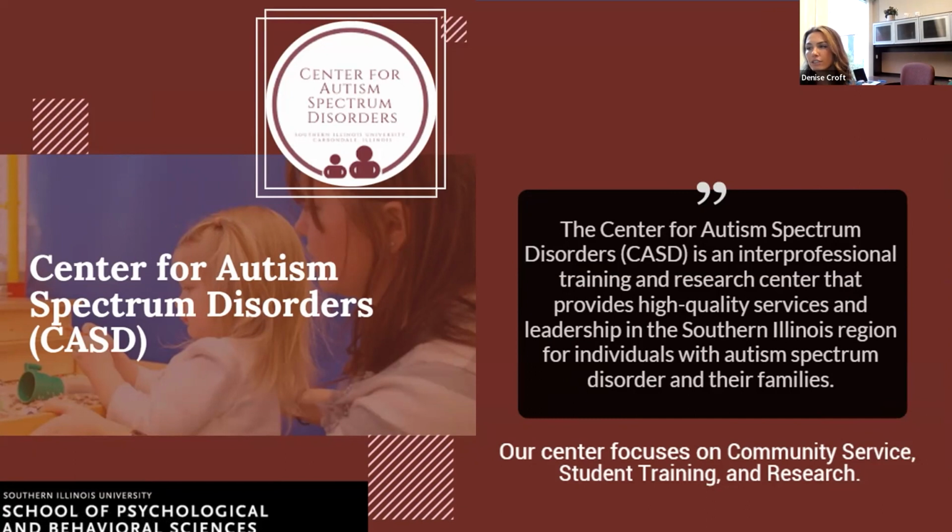We are under the School of Psychological and Behavioral Sciences. We are an interprofessional training and research center that provides high-quality services and leadership for individuals with autism spectrum disorders and their families in the Southern Illinois region. Our center focuses on community service, student training, and research.